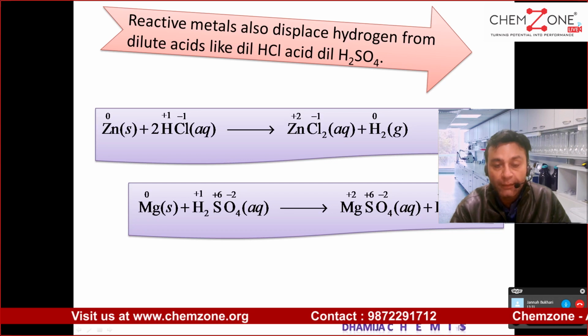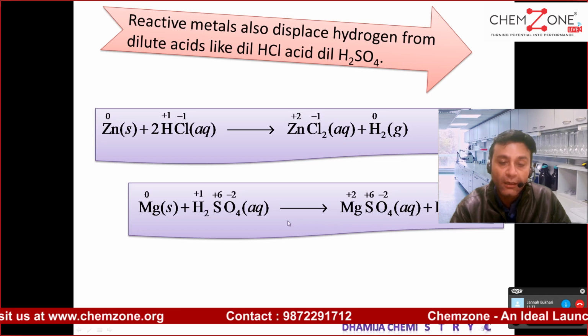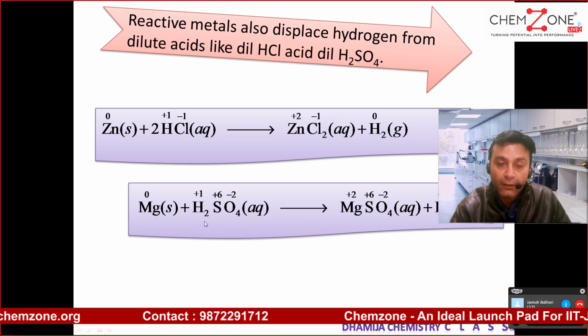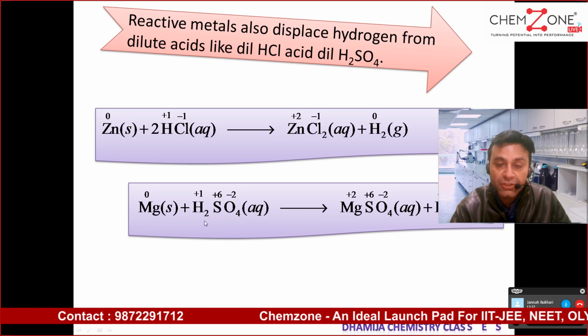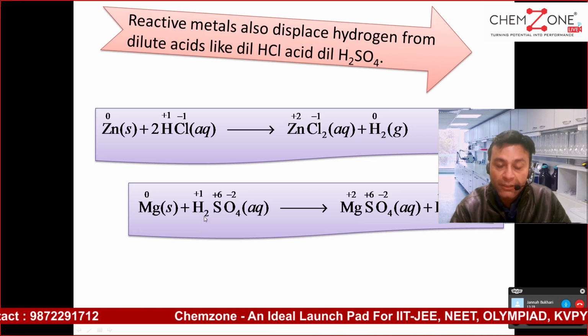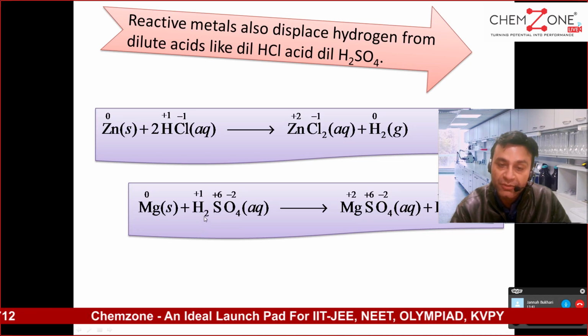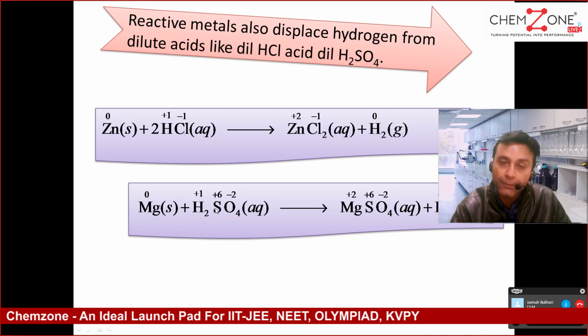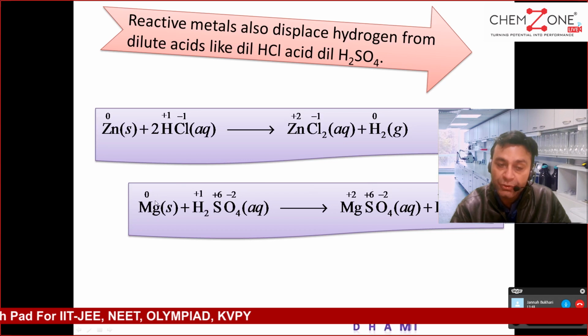Again, we can say magnesium is acting like a reducing agent, and H2SO4 is a good oxidizing agent. You can see the change in oxidation number. Magnesium 0 to +2, it means magnesium is getting oxidized.